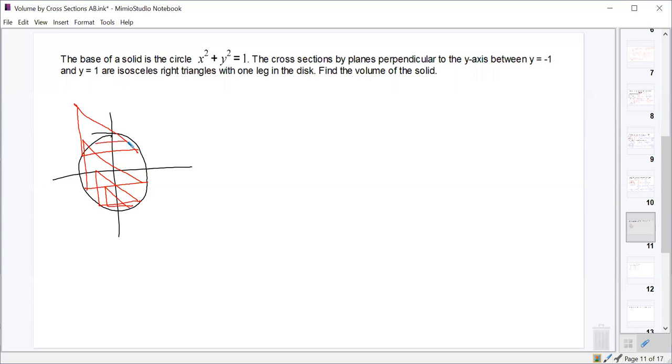Does that make sense? A bunch of these little triangular cross sections sticking straight up out of the page at you. Good or no? Yep. All right, cool.